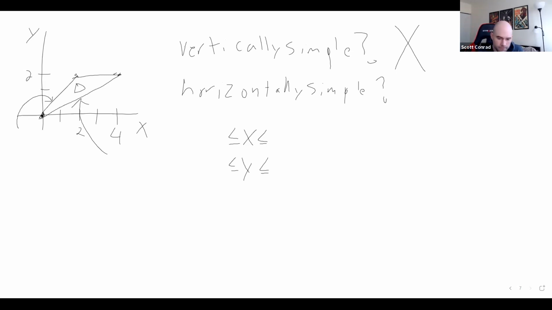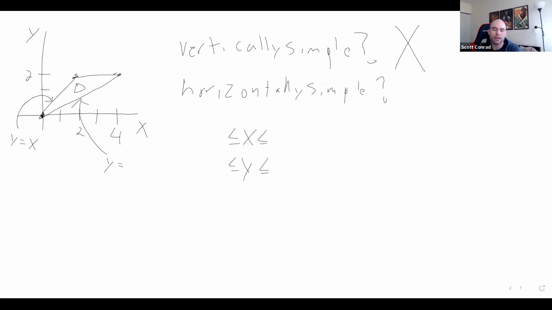We can just write it as y equals something. That'll be easiest. And then let's get x by itself for each of these. So the left curve, we have the piece of the line from 0, 0 to 2, 2. What line is that? Y equals what? Y equals x, right? It's got slope 1. The y-intercept is 0. So y equals x.